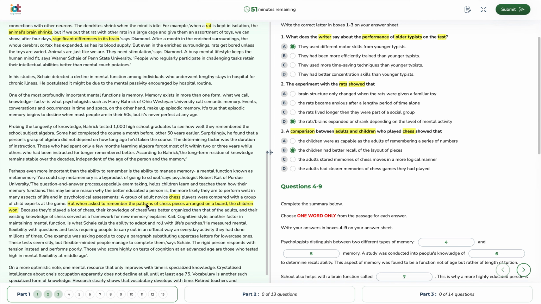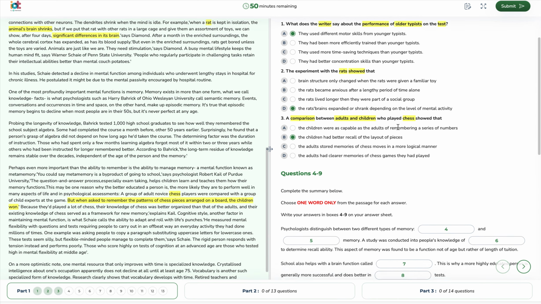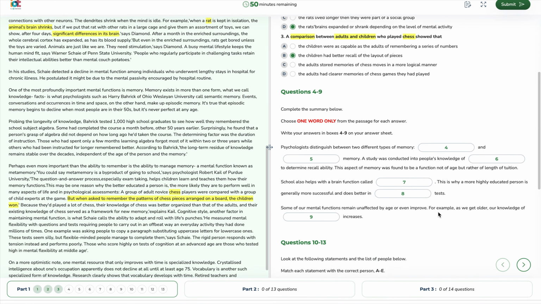When you are doing reading, don't expect all the words to be written in exactly the same way. We have to find similar words, not exact words, because they will definitely use some synonyms. Now these three are done. Let's move on to these questions.